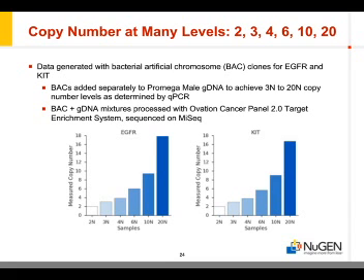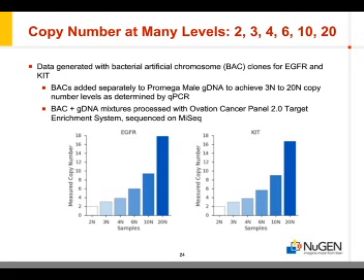So these BAC clones were spiked in to achieve 3, 4, 6, 10, and then 20 copies in this Promega male genomic DNA. And these values were verified by qPCR. The libraries were then enriched with the Ovation Cancer Panel 2.0 and then sequenced on a MiSeq.